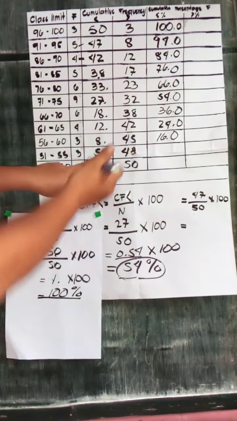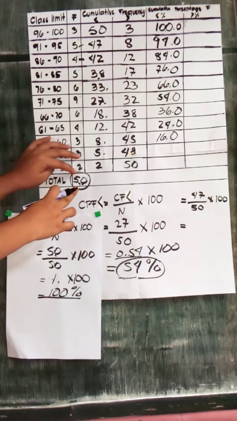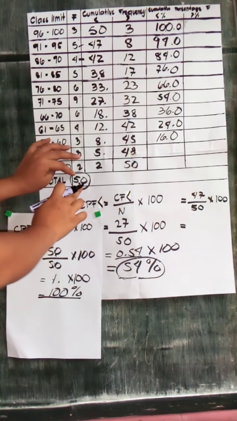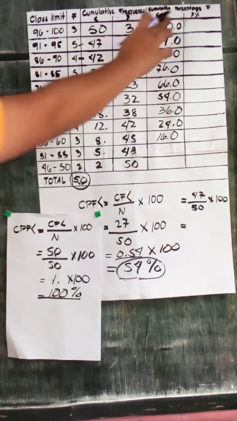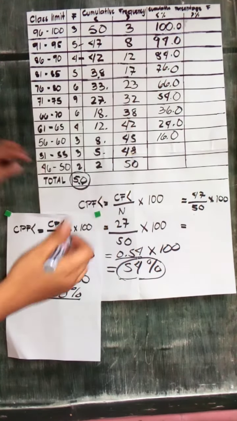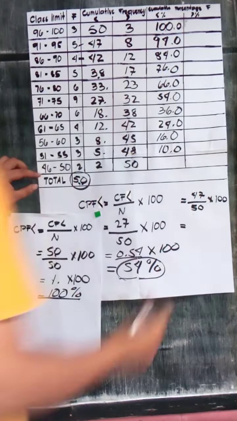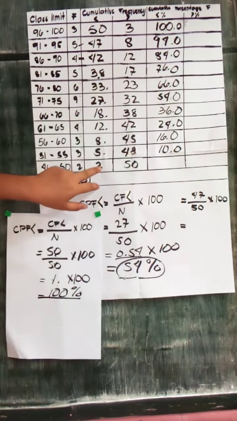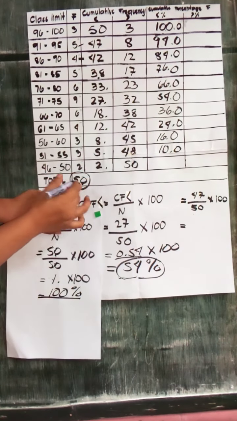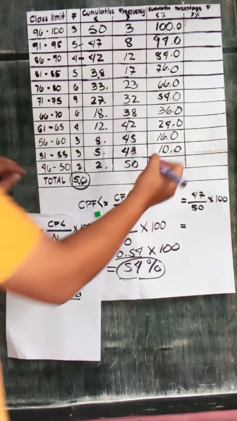And 5 divided by 50 is equal to 0.10, which is 10%. And 2 divided by 50 times 100 is equal to 4%.